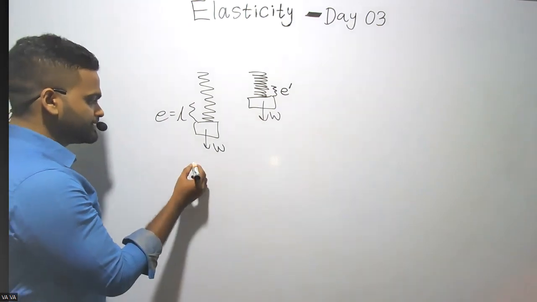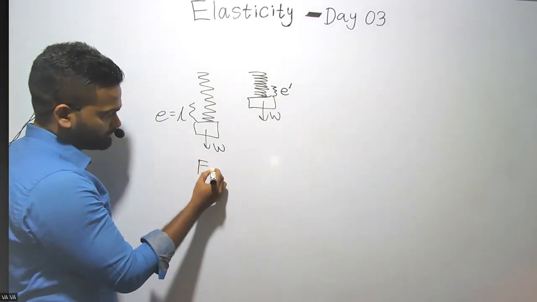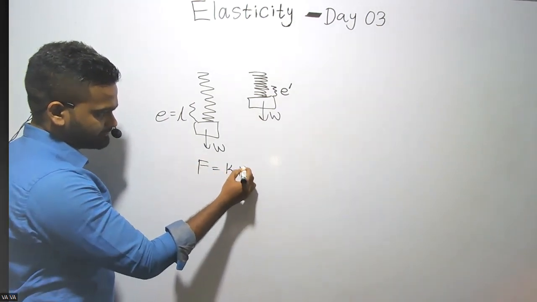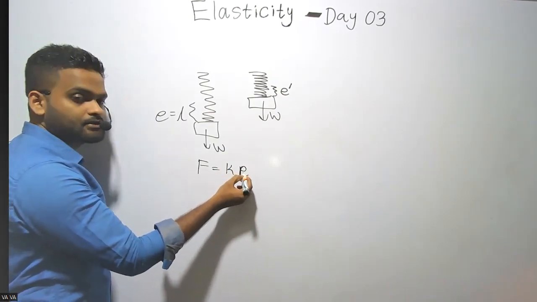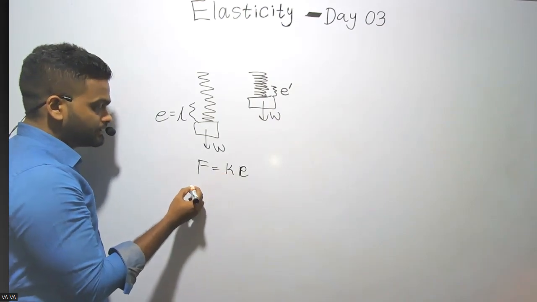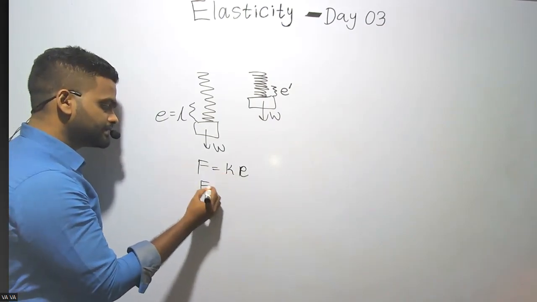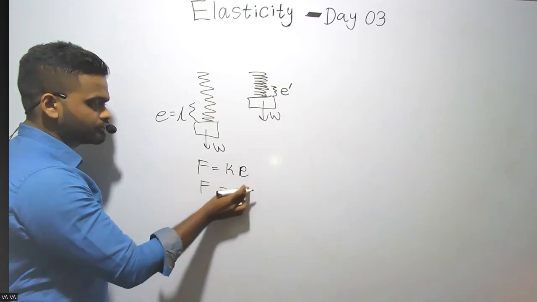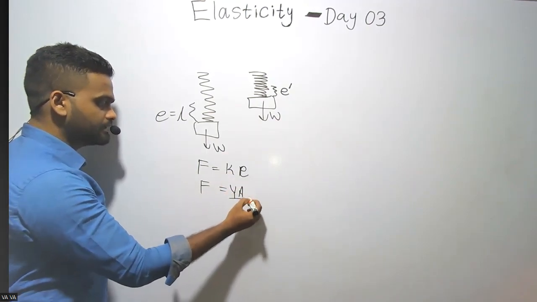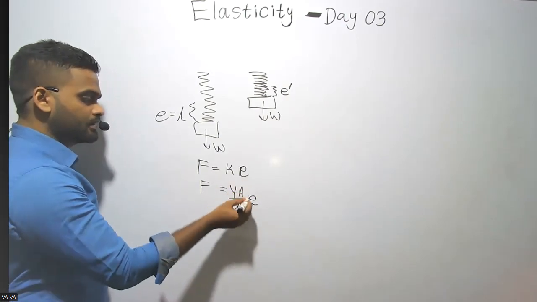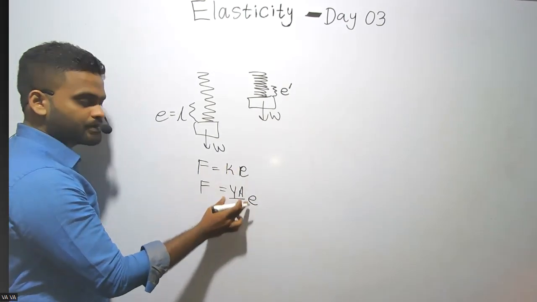If you remember this equation, F equals K e. This is for the springs, K is the spring constant and e is the extension of the spring. Then from Young's modulus, you can get this equation. When A goes to the other side, it becomes Y A divided by L times e. So when you compare these two equations, what do you see?